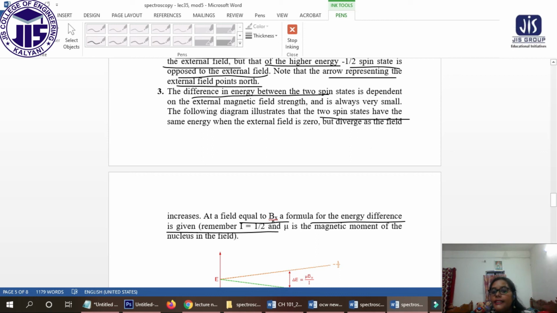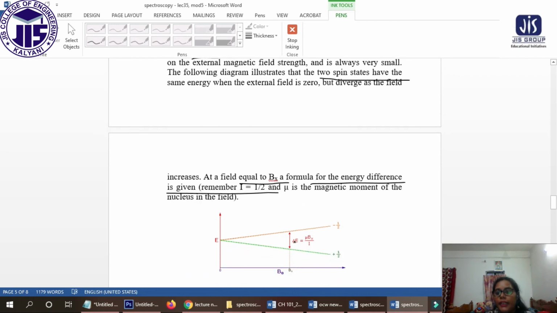At a field equal to Bx, the energy difference is given. Remember I is half and mu is the magnetic moment. This is delta E, that equals mu Bx by I.